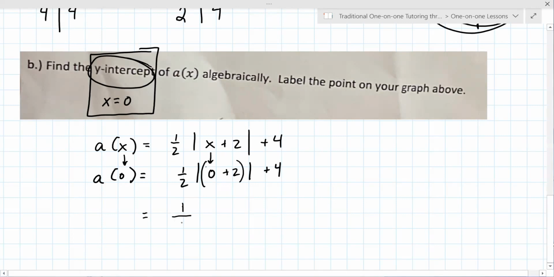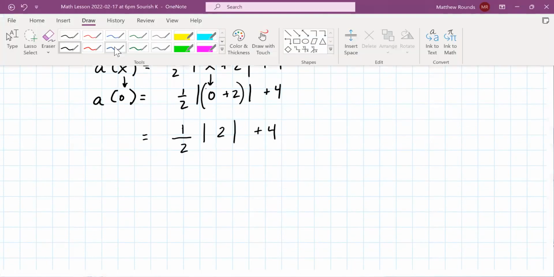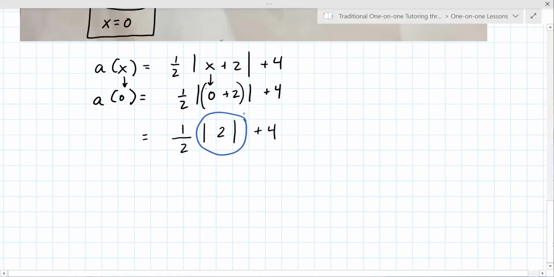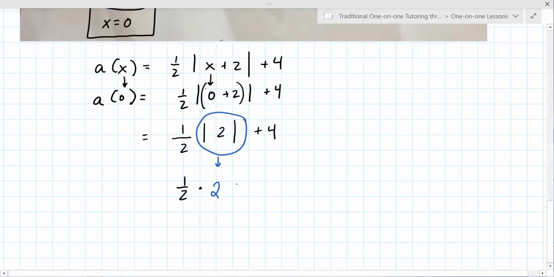So this is 1/2 the absolute value of 2, plus 4. The part that I'm about to circle is the absolute value. The absolute value of a positive number is always a positive number. And now you're multiplying. So, order of operations here, you have multiplication and then addition.